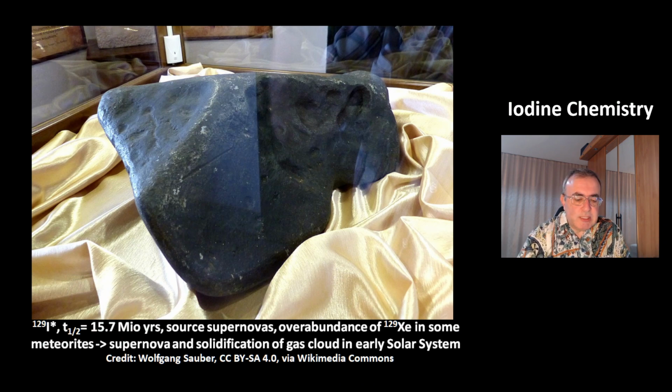And this is very interesting because it gives us a glimpse into the very early stage of the formation of the solar system, because it means that the supernova and the solidification of the gas cloud happened very quickly in the early solar system. It's like you're traveling back to the time when the solar system was formed. And it could very well be that it was this supernova which triggered the formation of the solar system.